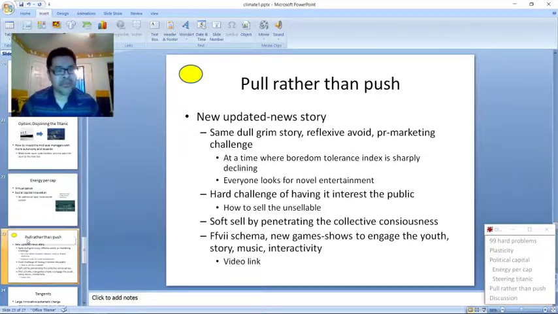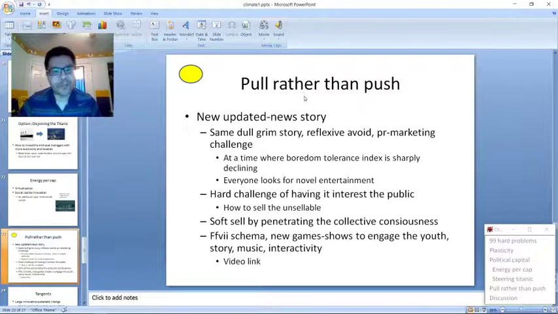Another key challenge is the new updated news story.